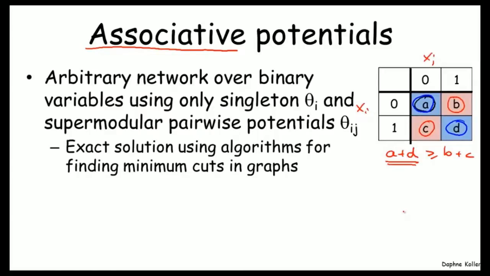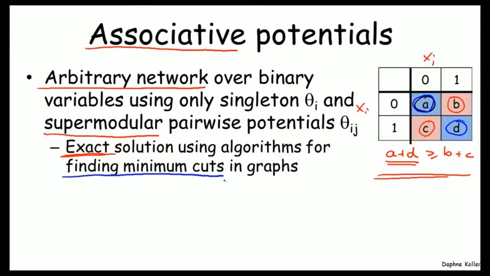It turns out that if you have even an arbitrary network, in terms of fully dense connectivity over binary variables, that uses only the singleton potentials and these pairwise potentials that are associative, which are also called supermodular, a term that comes from mathematics, and the pairwise potentials satisfy this constraint, then you can find an exact solution regardless of the network connectivity. And that can be done using algorithms from combinatorial optimization from computer science theory for finding minimum cuts in graphs.